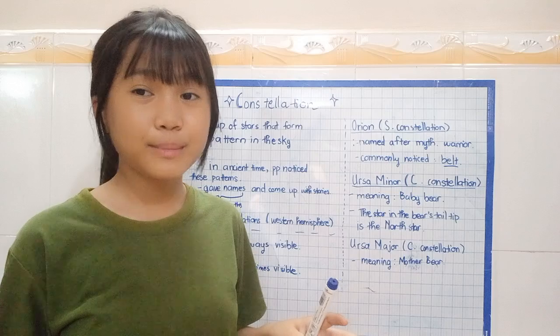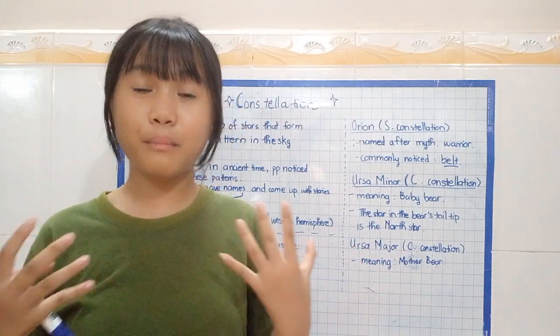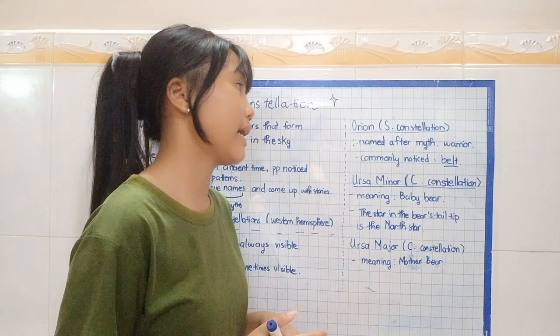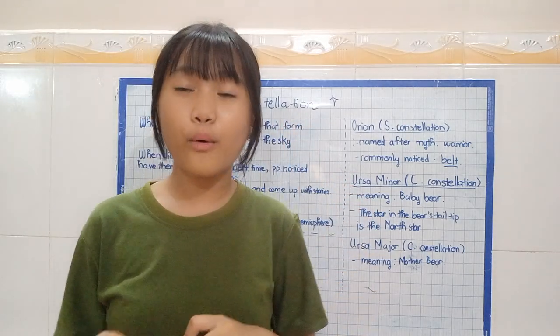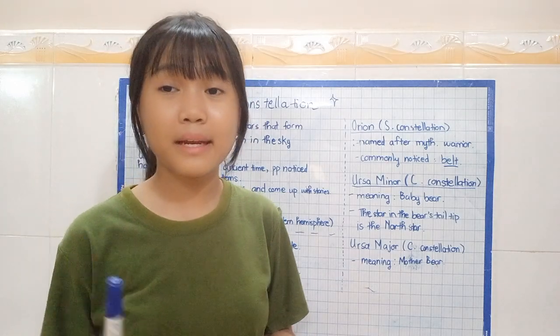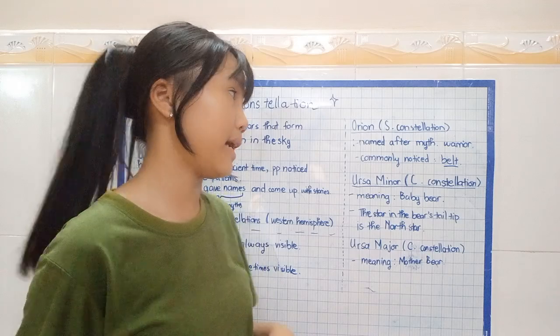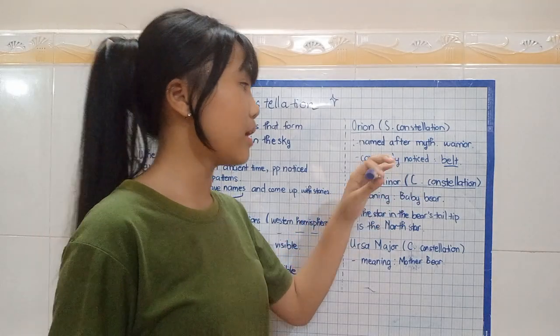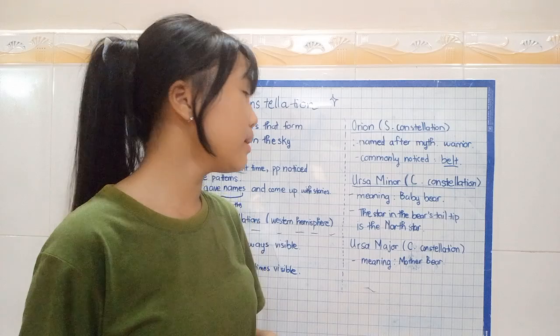So now let's move on to some constellations that you might see up in the night sky. First is the Orion constellation. Orion is a seasonal constellation, meaning that it only appears in the night sky at a definite time. It is named after a mythical warrior that is really brave.